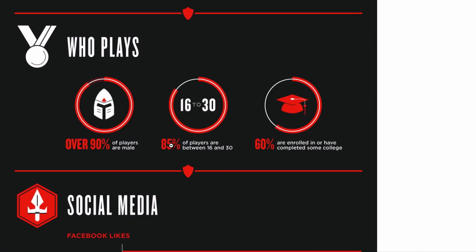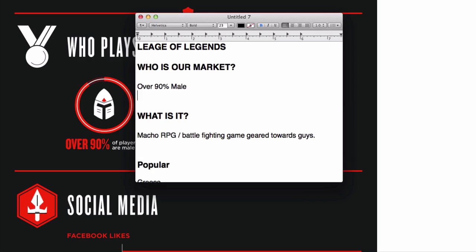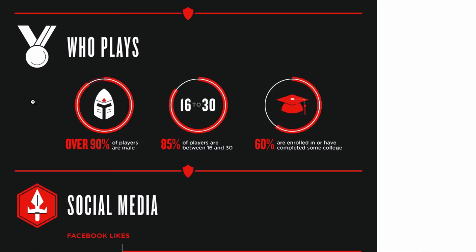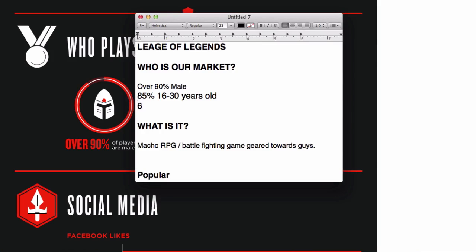This is saying that 85% of players are between 16 and 30. Okay, so I just put that down. 85% are between 16 to 30 years old. And this is showing us that 60% are enrolled in or have completed some college. So let's also write that down.